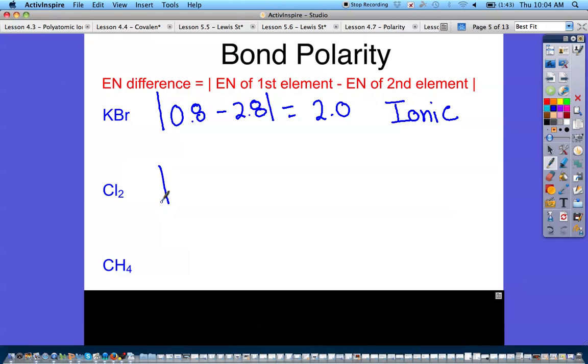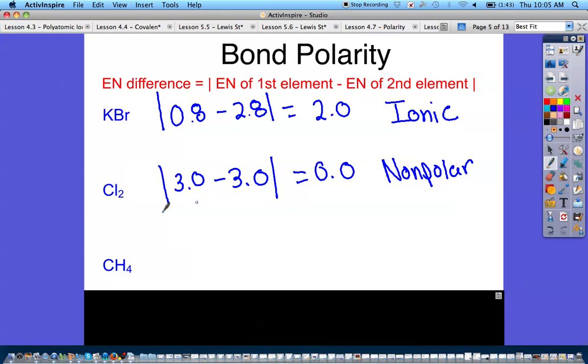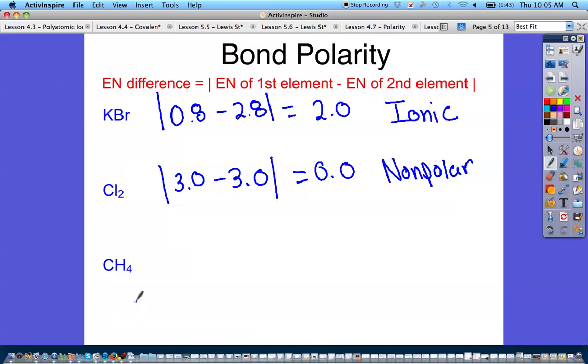Chlorine, the diatomic molecule of chlorine, you have two chlorines bonded to each other, so you're going to subtract the electronegativity of both of them, and this is going to give you 0.0. So this is going to be a nonpolar bond. So all of your diatomics are going to have nonpolar bonds. For CH4, we have more than one bond, but if you look at the Lewis structure, each bond is exactly the same.